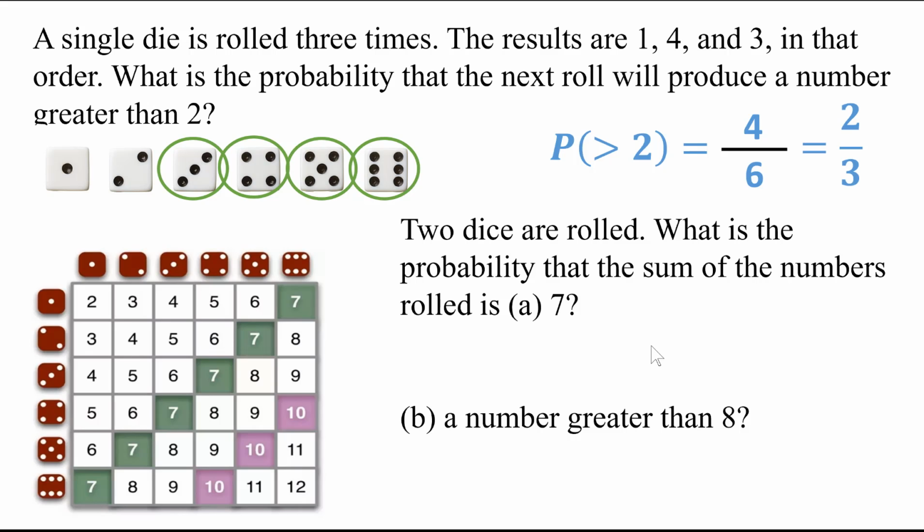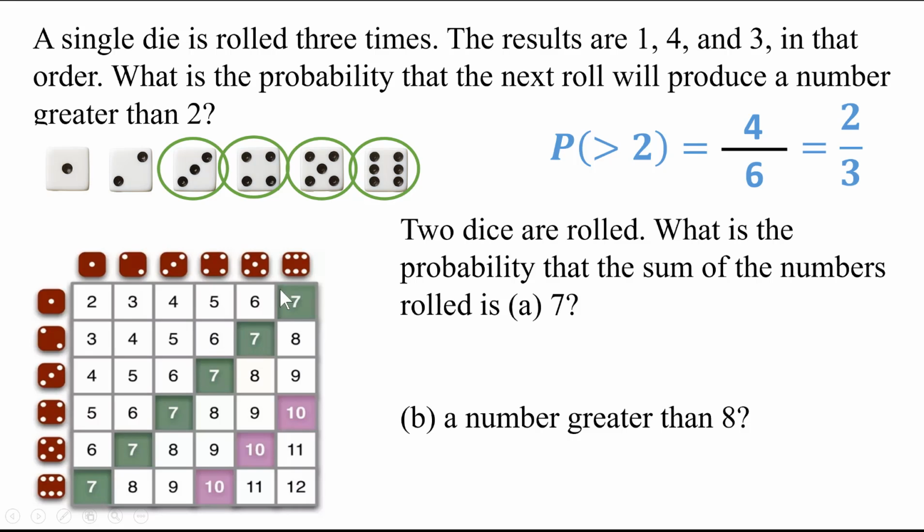So 2 dice are rolled. What is the probability that the sum of the numbers rolled is a 7? All right, so you can see from this chart that there are 36 possible outcomes when you roll 2 dice. All the ones that are 7, there are 1, 2, 3, 4, 5, 6 of those. So the diagonal right here, that's how many ways you can get a 7.